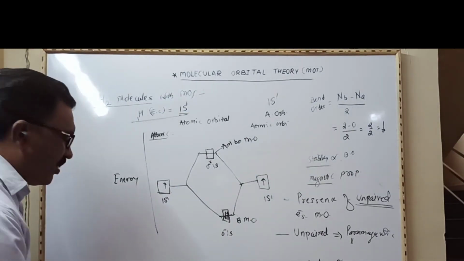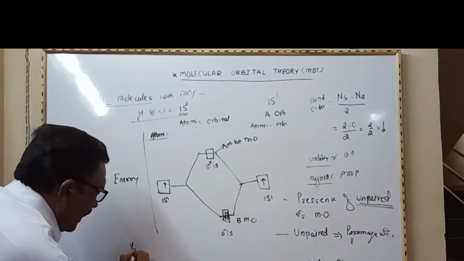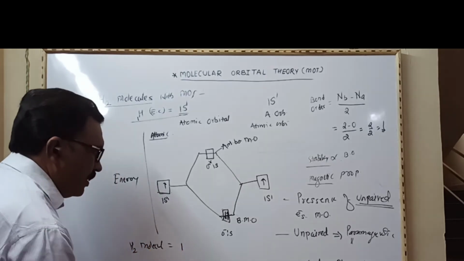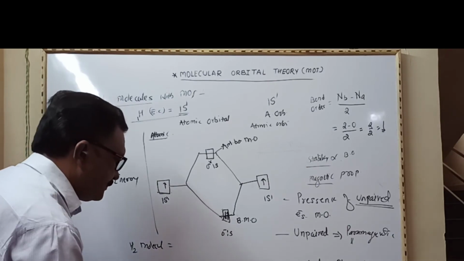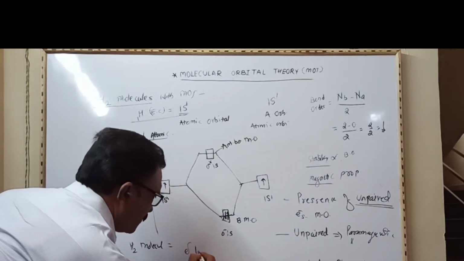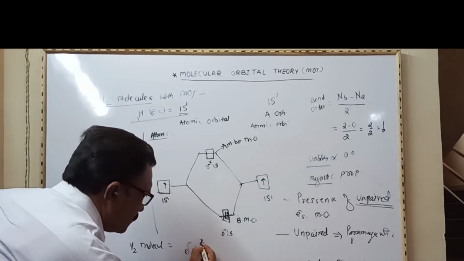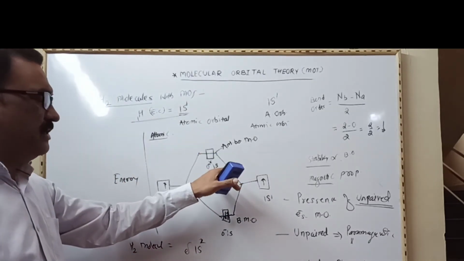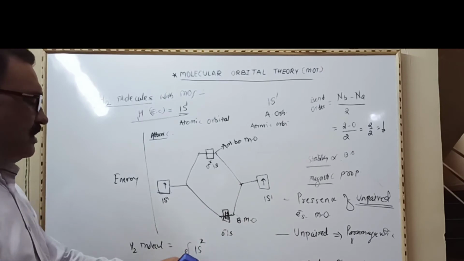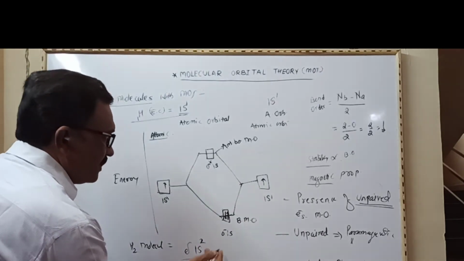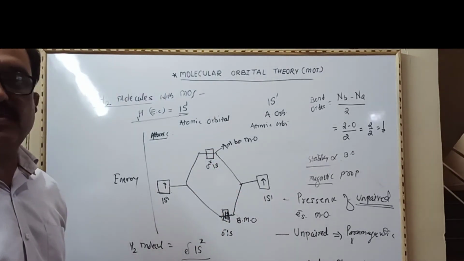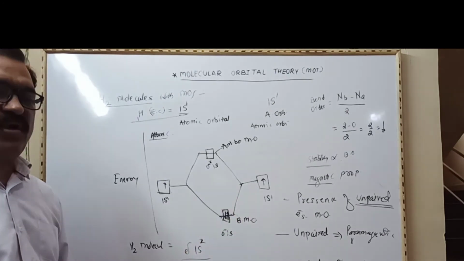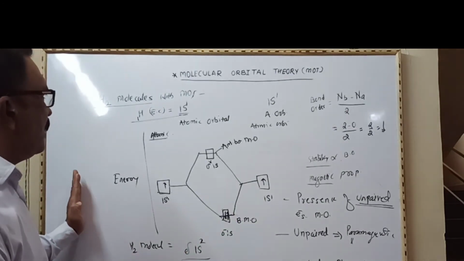The electronic configuration of the hydrogen molecule is sigma 1s2. No electrons are present in anti-bonding, hence no need to write sigma star 1s2. Sigma 1s2 is the electronic configuration of the hydrogen molecule.